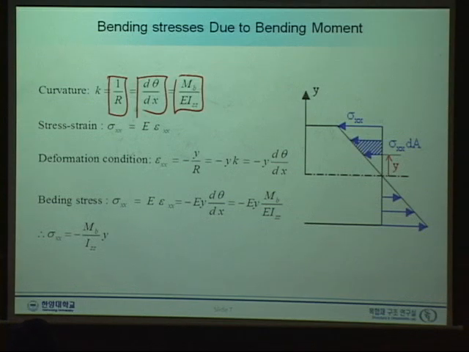And stress-strain relations, simply stress equal E epsilon, and deformation strain is given like that, and bending stress is simply this way. It's a very famous equation, and which you have to fully understand.